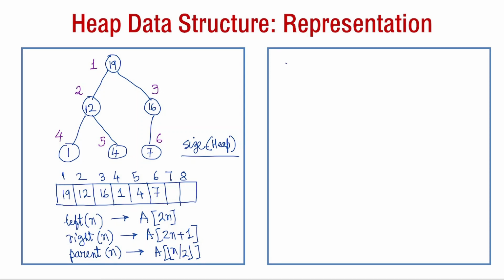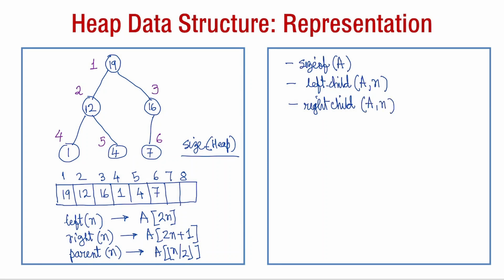And therefore, given a heap, we will have the following functions on the heap. One is size of heap. If A is the heap, you will get size of A. Then you will have left child of the heap A given a node n. You have right child of A given a node n, and you have parent of A given a node n.